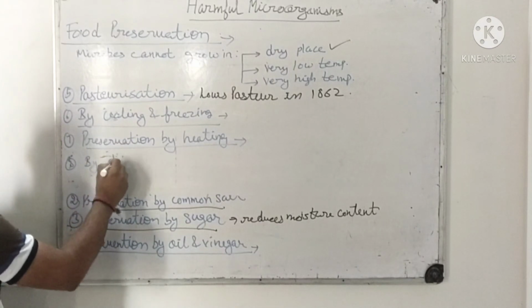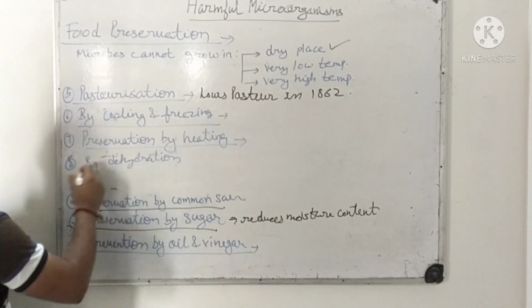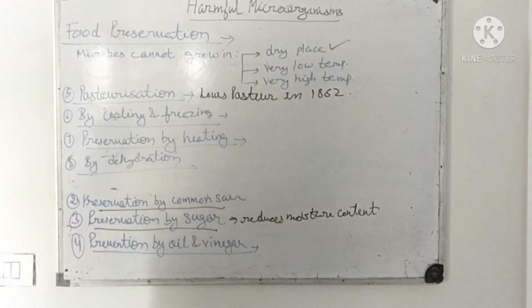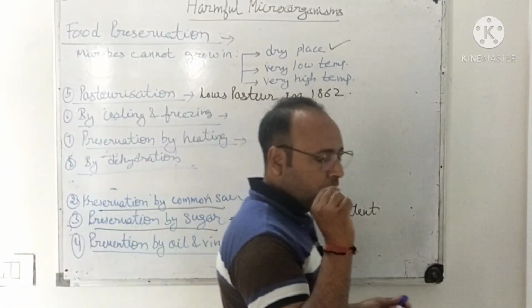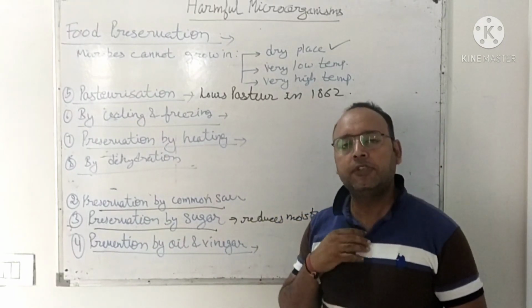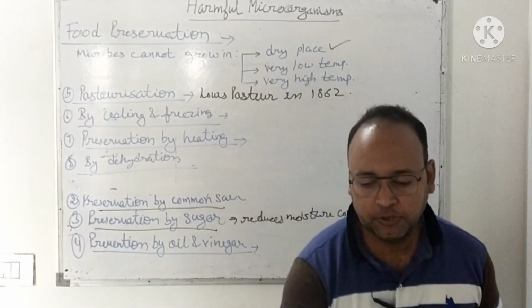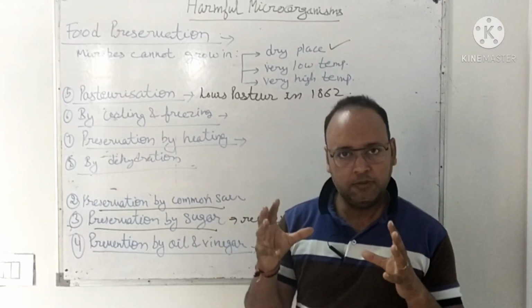Then also dehydration. By reducing the moisture, that is known as dehydration. And if we want to protect food items, you might have seen the chips and kurkure available in the market. They are always stored in envelopes having some air.